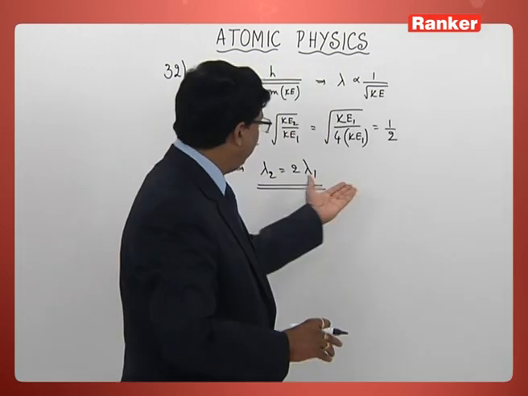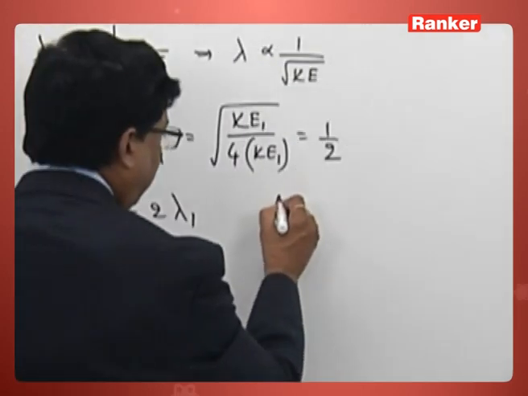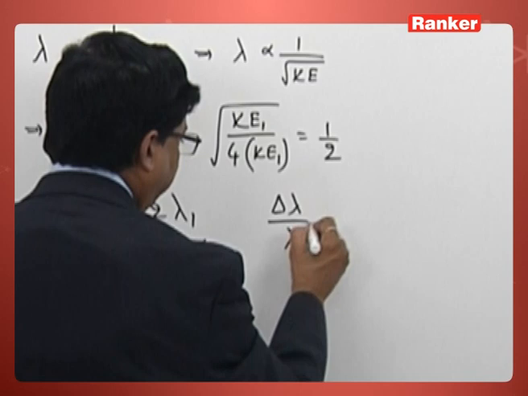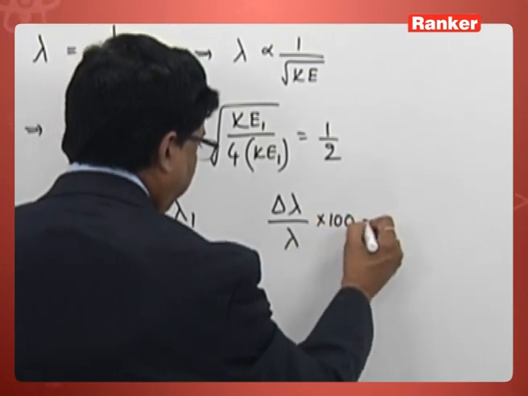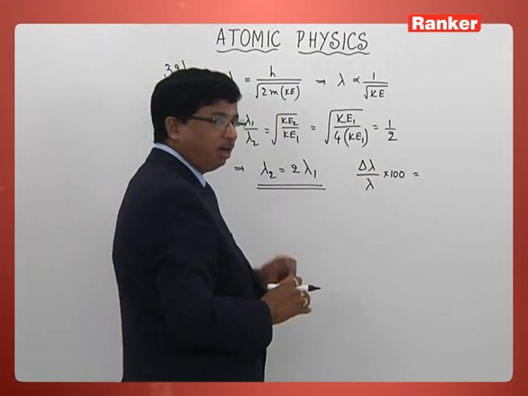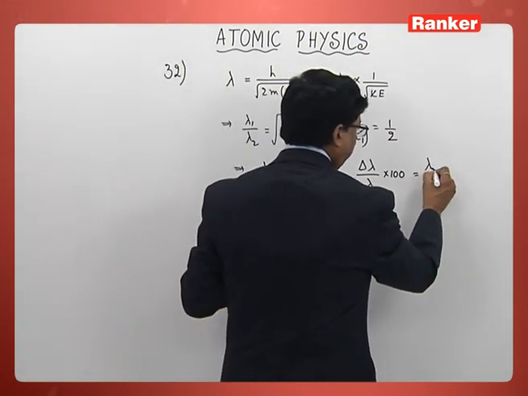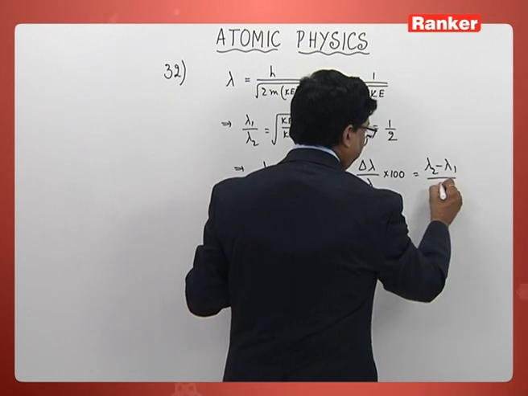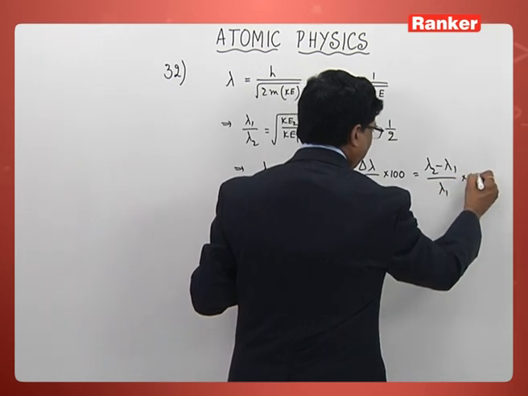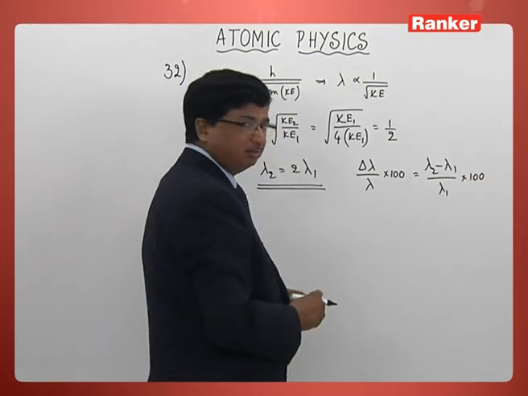So you can even calculate this way also. Delta lambda by lambda into 100 will be the percentage variation there. What is the delta lambda to be taken as? Lambda 2 minus lambda 1 by lambda 1 into 100. But all these need not be written.